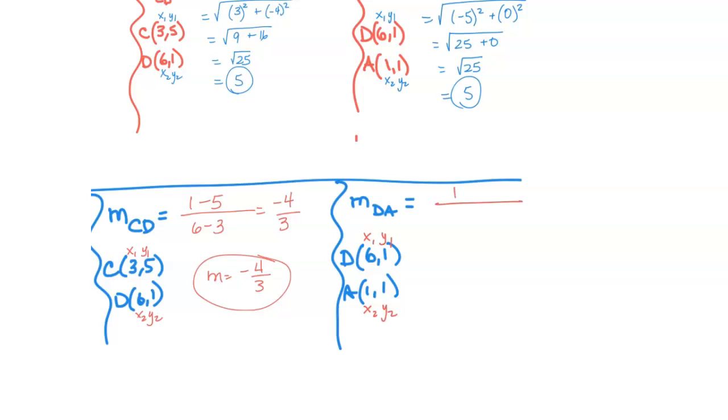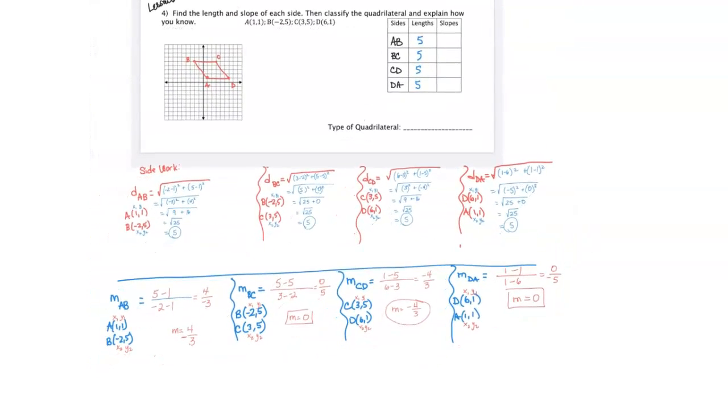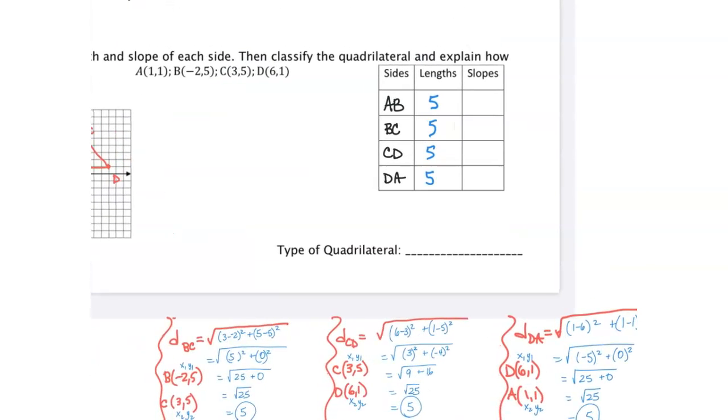So we have 1 minus 1 over 1 minus 6. This gives us 0 over negative 5, which gives us a slope of 0. So if we fill that into our table, we have a slope of negative 4 thirds, 0, negative 4 thirds, and 0.